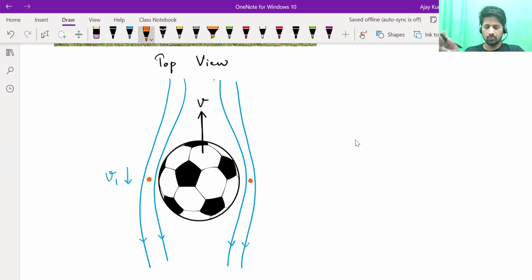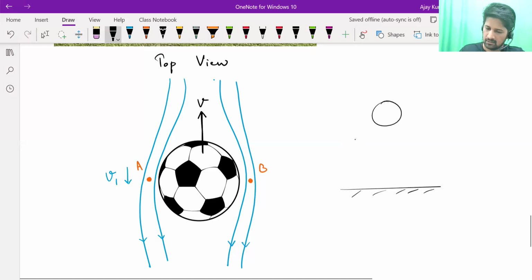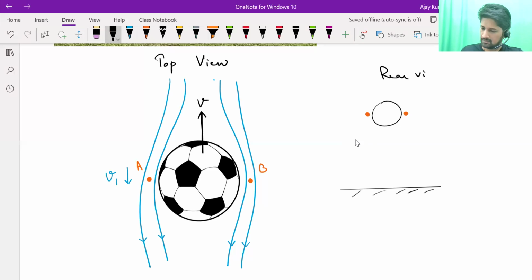These 2 points that I have marked, call them A and B, they are at the same height from the ground. Actual situation from the side: suppose you are looking at the ball from behind. The point A is here, the point B is here. Those are the points that you are considering. This is the rear view from behind. They are both at the same horizontal level.